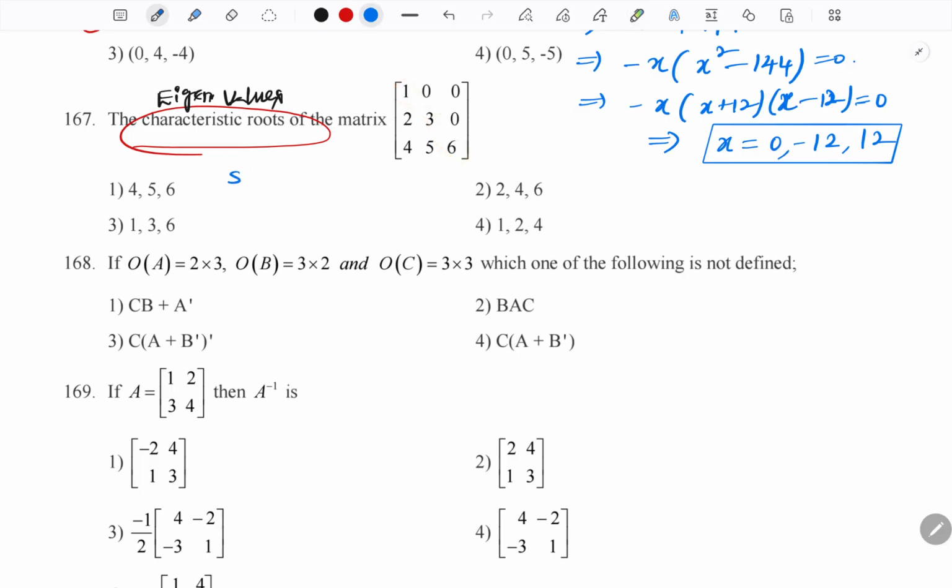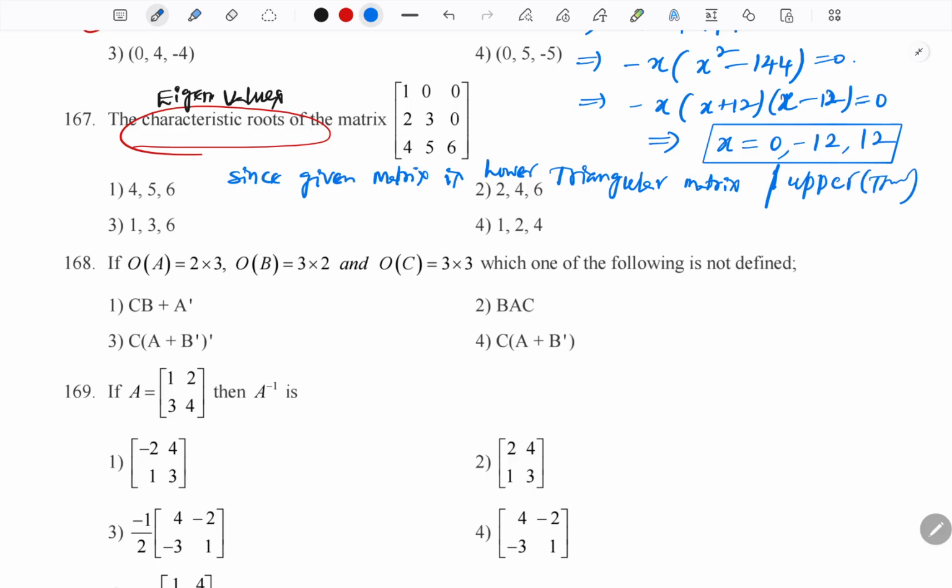Since the given matrix is a lower triangular matrix, or upper triangular, students, or triangular means either lower triangular or upper triangular or both. Okay, then characteristic values are the main diagonal.